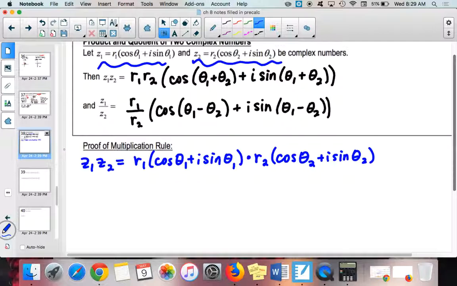So we're multiplying those together. Do you guys see that the r's just multiply? It's going to be r1 times r2. What do you think we're going to do with the cosine plus i sine parts? We're going to multiply it out. Not quite squaring it, but we're going to FOIL it.